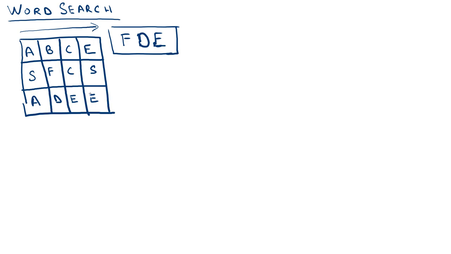And for each character that we visit, we will start a discovery process, and that discovery process will lead us to a possible solution if it exists. Otherwise it will tell us that this word cannot be found in the grid.